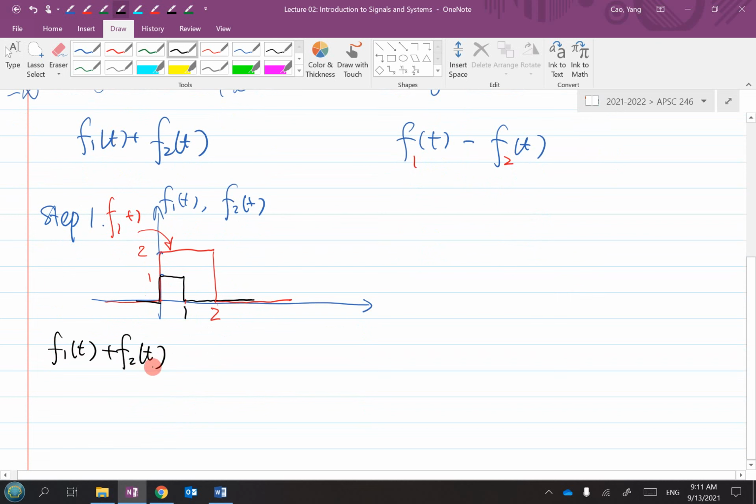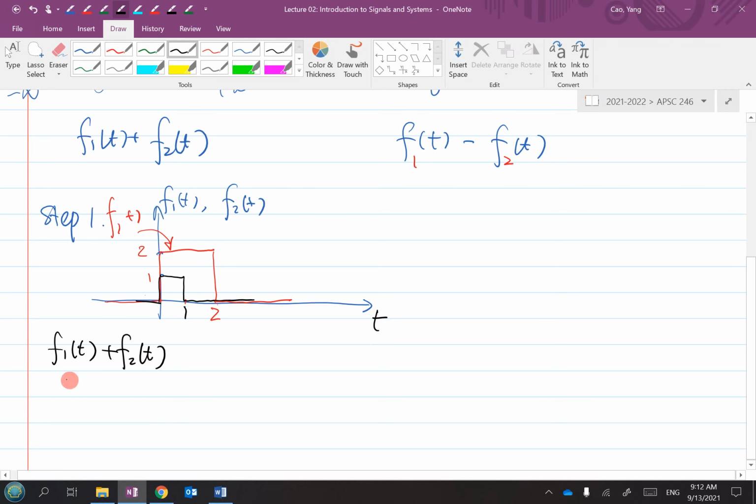If I need to add the two graphs together, how do we add them graphically? If I ask you what's 1 plus 2, that's 3, right? What's 2 plus 3? It's 5. Everybody knows that. But the problem here is we're not adding just 2 numbers. We're adding so many numbers at different values of t.